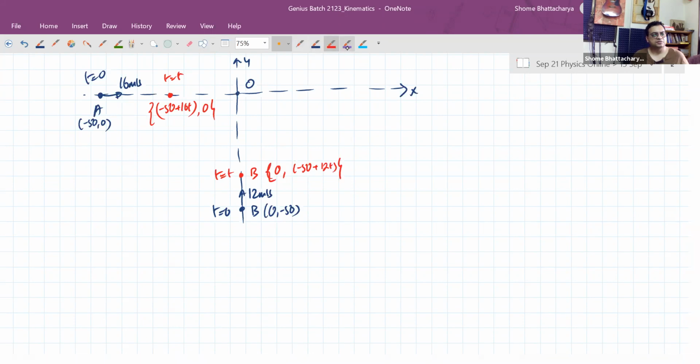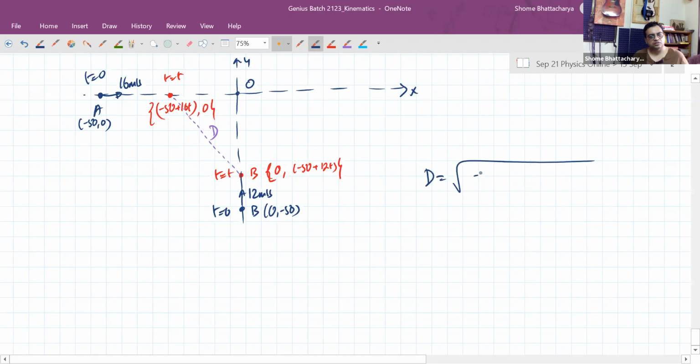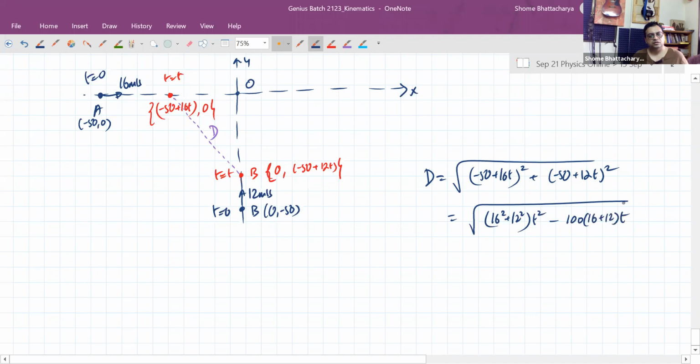Okay. So the distance between them as a function of time, I write this distance formula as capital D. So the distance between them as a function of time is 16 square plus 12 square t square, minus 100 into 16 plus 12 t, plus twice of 50 square. So that will become how much?